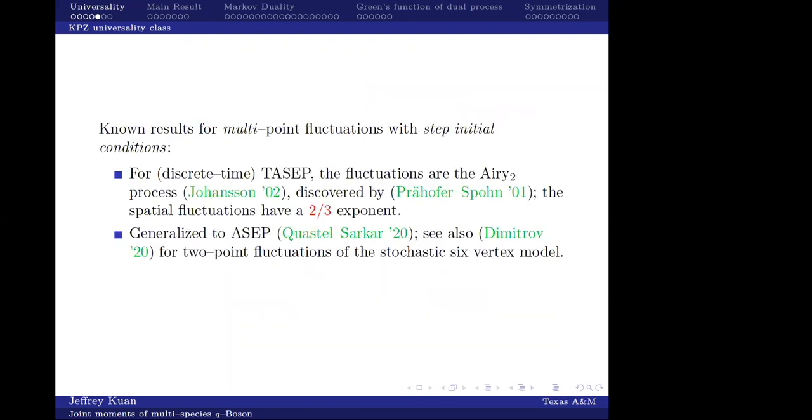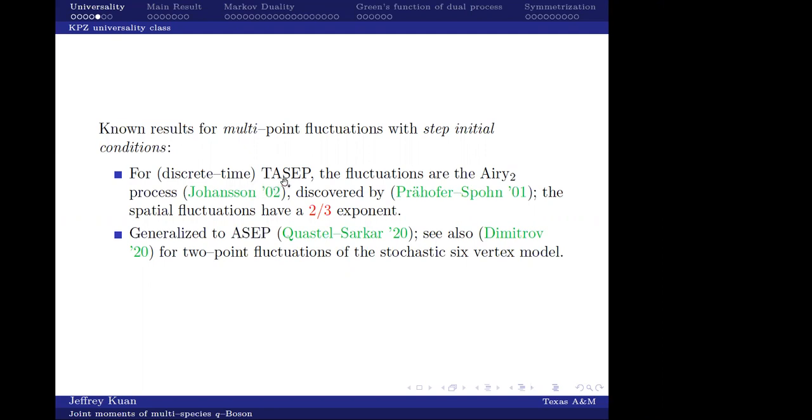Okay, so the next natural question is multipoint fluctuations. If you look at the positions of two tagged particles, each one is going to fluctuate as a Tracy-Widom, and they're correlated somehow. So for ASEP, the fluctuations are the Airy-2 process.